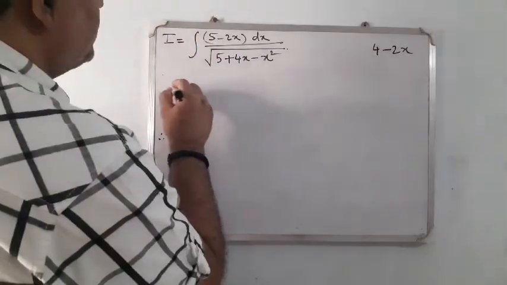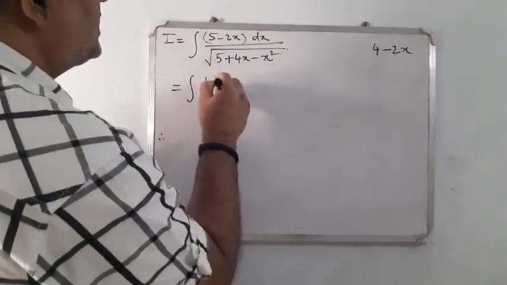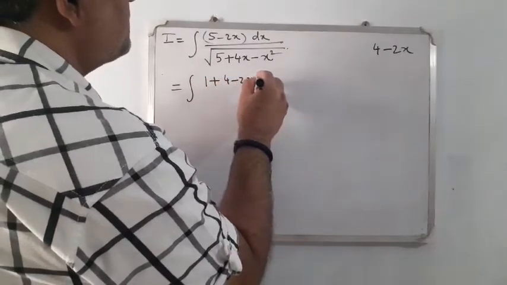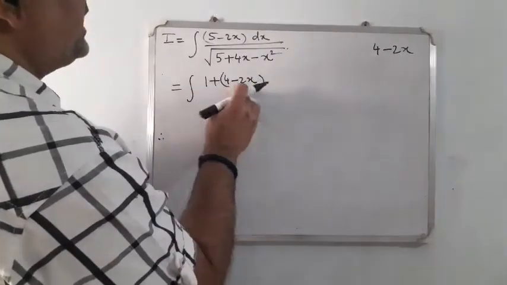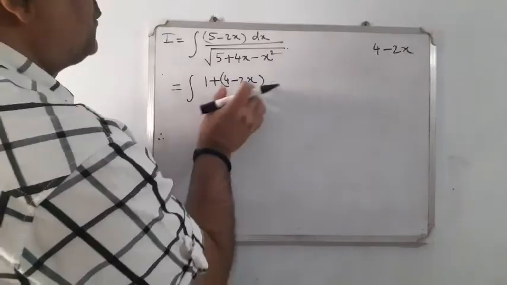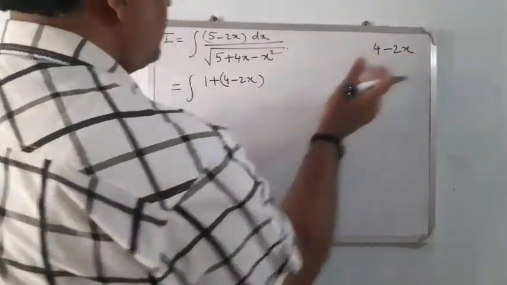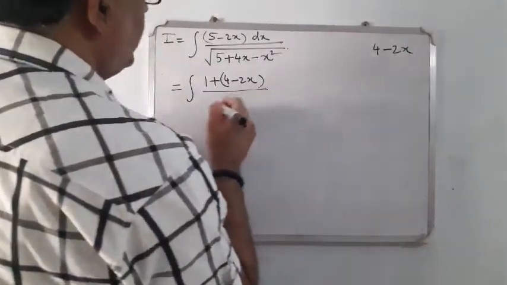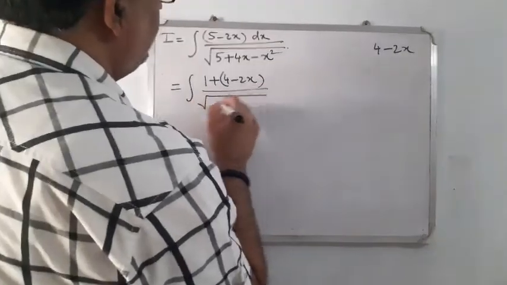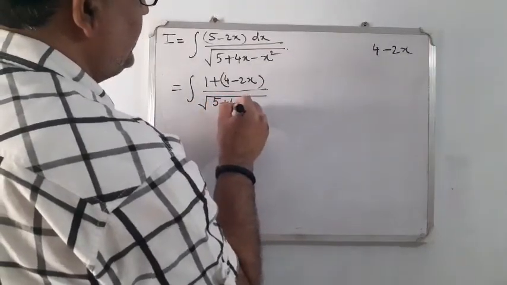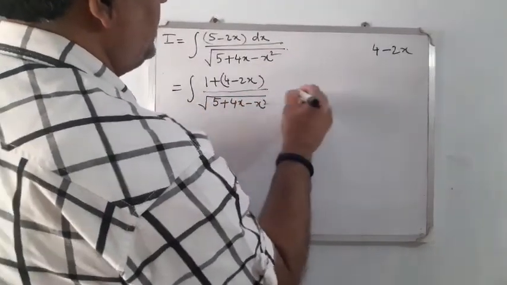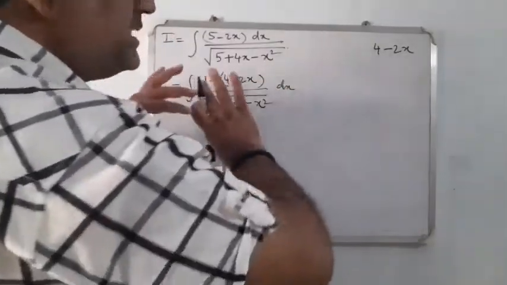So what happens? This becomes integral 1 plus 4 minus 2x. This 5 is to be broken as 1 plus 4. So 4 minus 2x, you will get the differentiation here, divided by root over 5 plus 4x minus x square dx. Now break this into integrals.